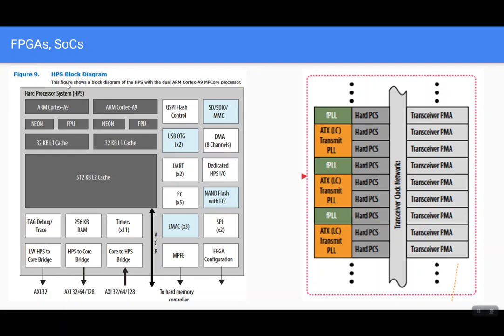So this is showing an HPS block diagram of an ARM Cortex-A9 MPCore processor. As you can see, it's basically like a CPU. We will discuss the difference between a hard processor system and a soft one.